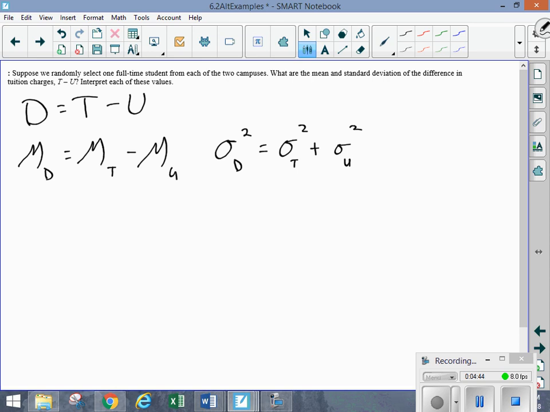And so then the standard deviation of random variable D is the square root of the sum of our two variances. Okay. So that's how that works.